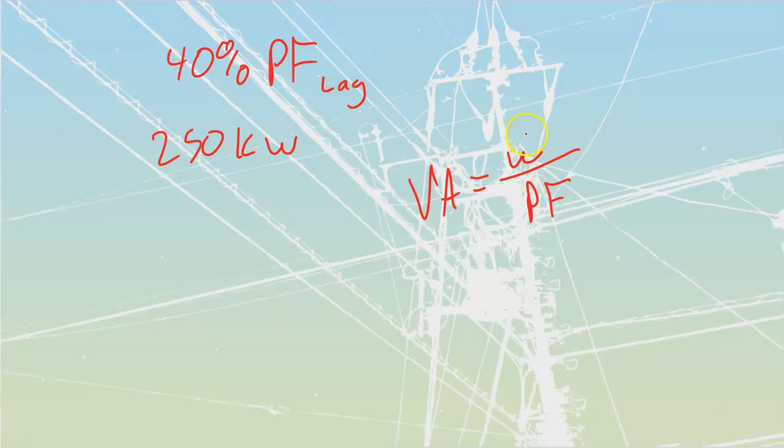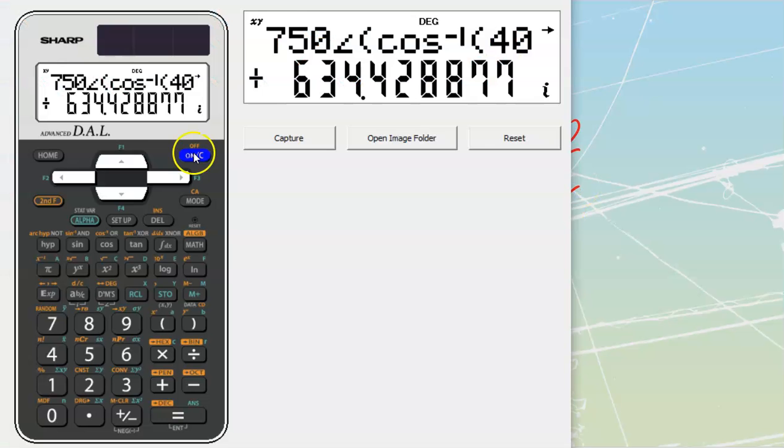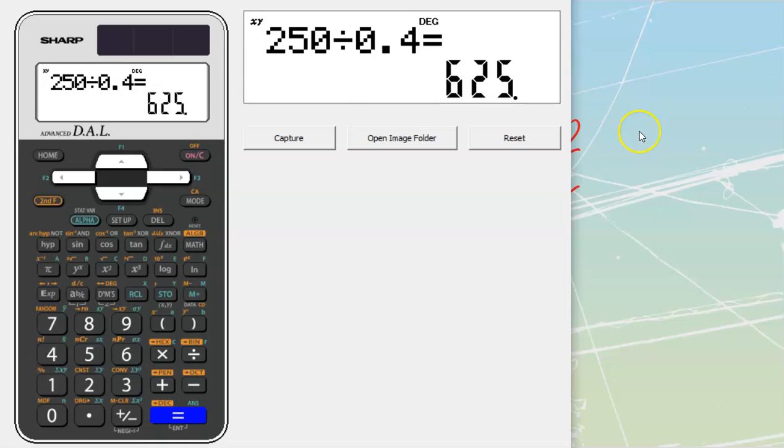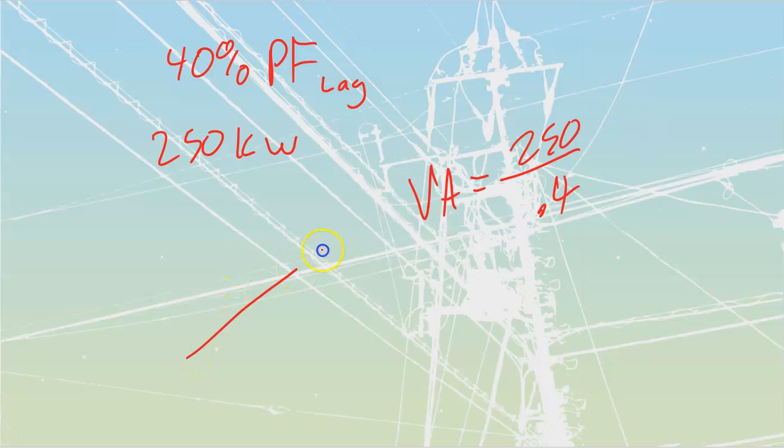So 250 divided by 0.4, which is going to give us a value of 625. So that now becomes my new VA, 625.